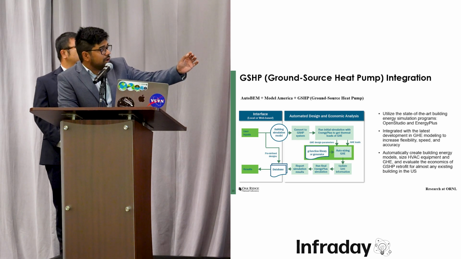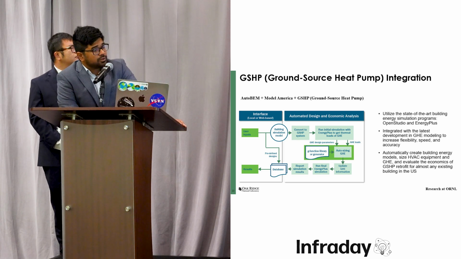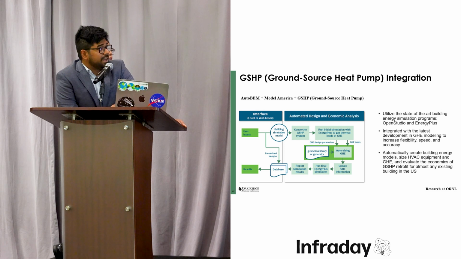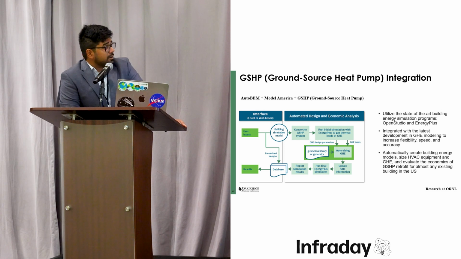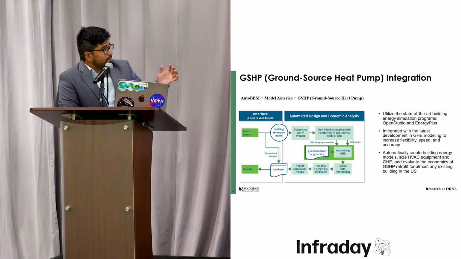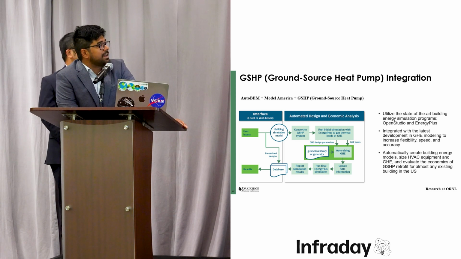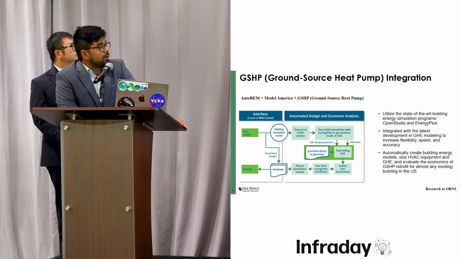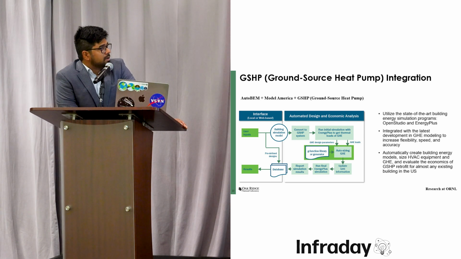You can change all of these characteristics. Also, you can see the regression analysis for each of the building features against the energy use intensity, and you can also find the sensitivity analysis for the energy use intensity.